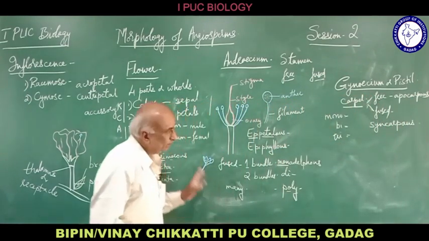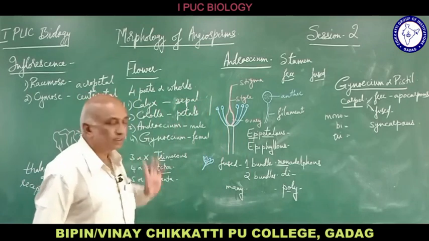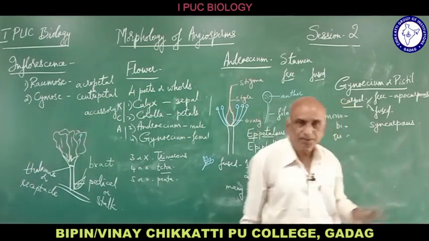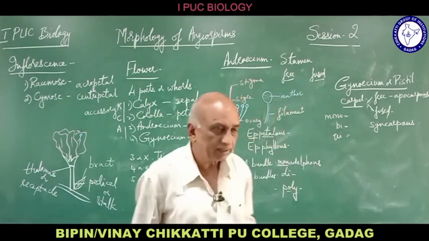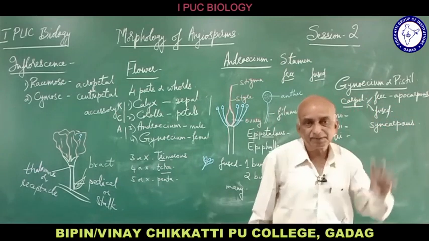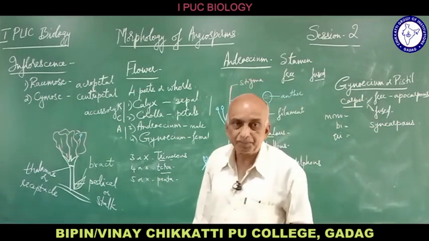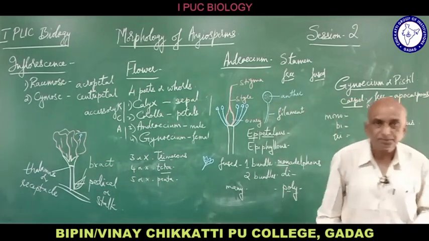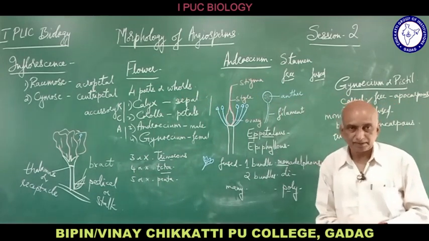We are not using the word gamo here as we used in the sepals and petals. The word syn is used here, and syn also means fused. Apocarpous means free. What is an apocarpous gynoecium? A gynoecium which has free carpels.